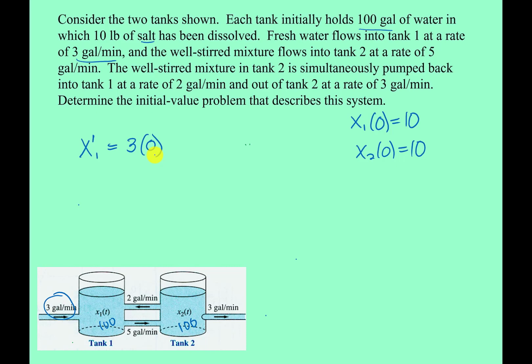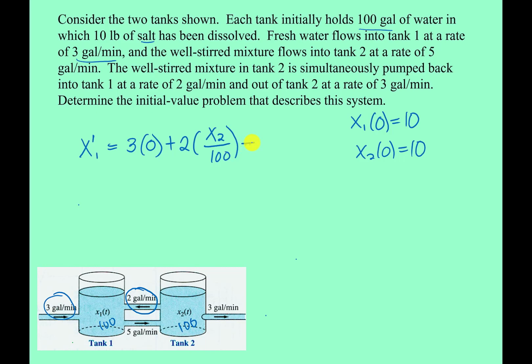Okay, so rate in, concentration in, but there's another going in. Got to add that one on. Rate in is 2 gallons per minute. Concentration in would be whatever the concentration is in tank 2, and the way you get concentration is you take the amount per volume. So the amount of salt in tank 2 divided by the volume of tank 2. So there's two different terms for rate in, concentration in, because there's two different things going in.